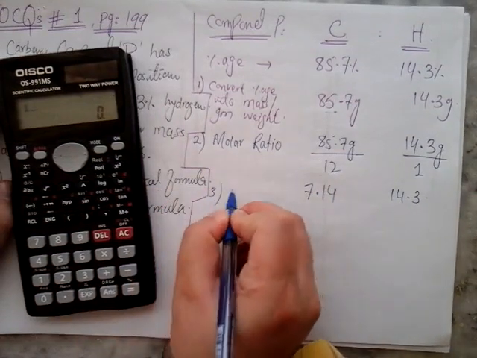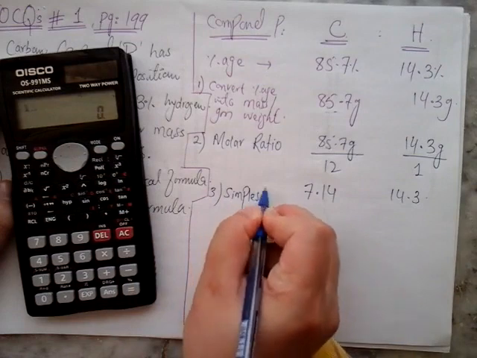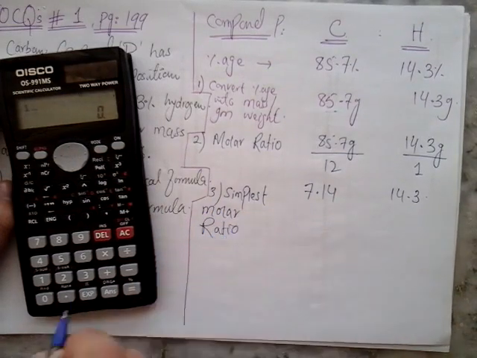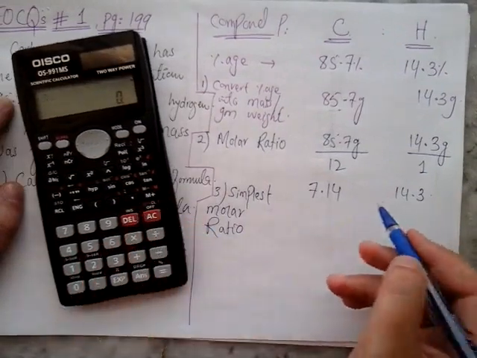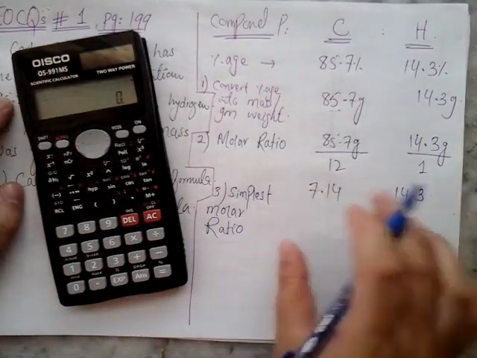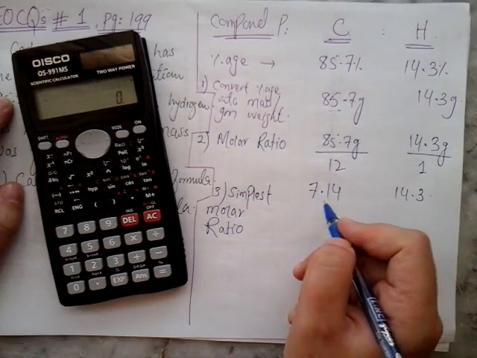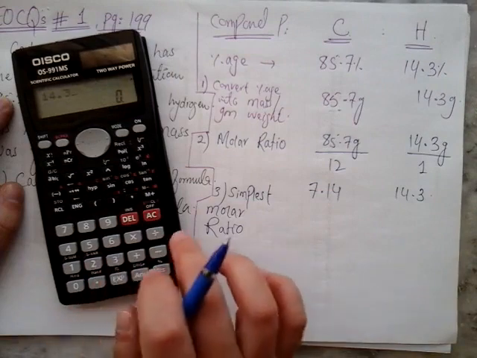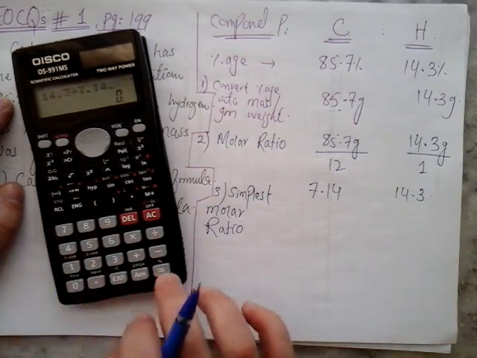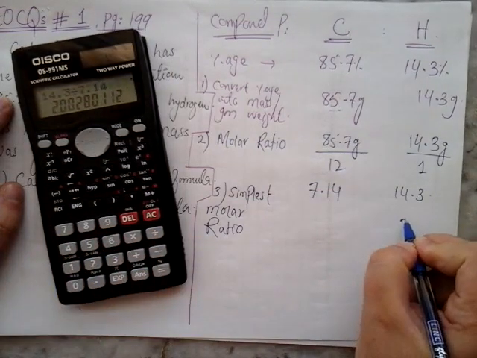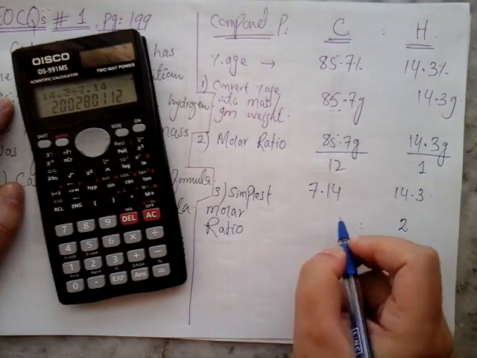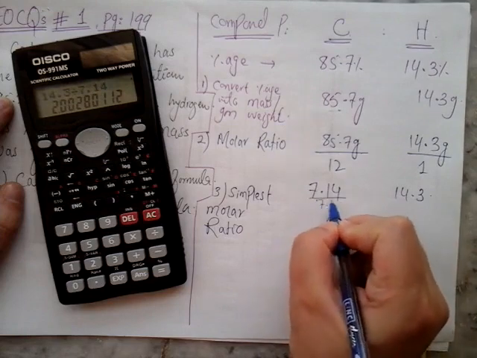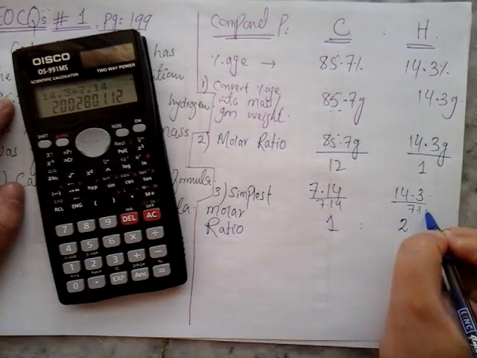The third step is the simplest molar ratio. You have to find the simplest molar ratio, and for this we need to divide all the ratios by the smallest ratio, and the smallest ratio is 7.14. So 14.3 divided by 7.14 comes out to be 2, and here it is 1, because I divided all these values by the smallest ratio.